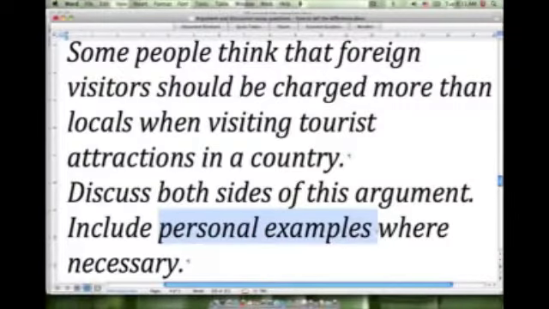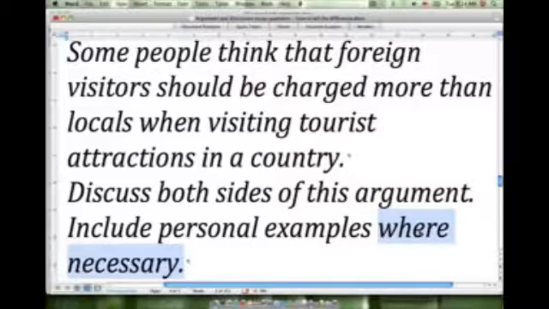Now the phrase "where necessary" is usually included to illustrate that you as the writer are probably sympathetic to one side of the argument. So your personal examples may only support one side of the argument.